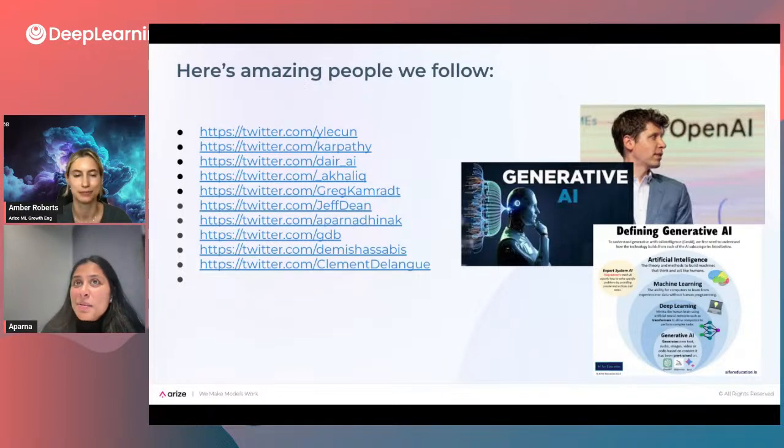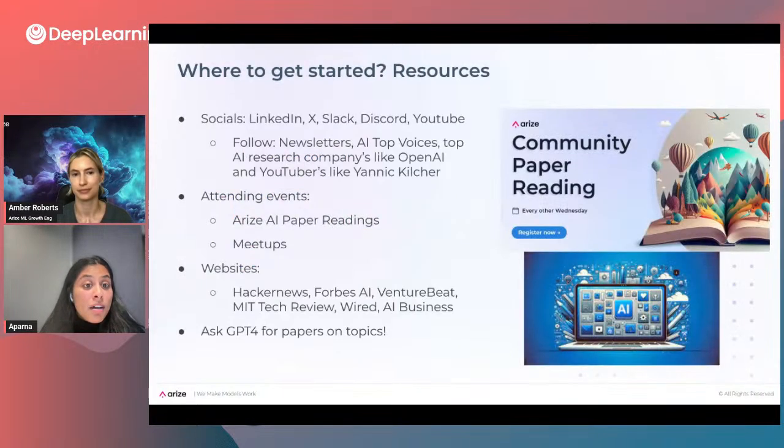And then, like Amber mentioned, there's a lot of awesome paper reading resources. I think Amber linked one of them, which is the YouTuber Yannick. He's awesome. There are a lot of great deep dives on papers, but there's also, like I mentioned, we do biweekly paper readings. Latent Space is another one that does really awesome paper reading. So find a paper reading community, because even if it's one every 2 weeks, that's one more than you're probably doing yourself.